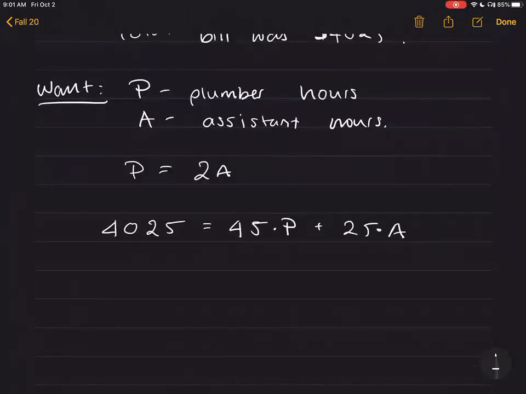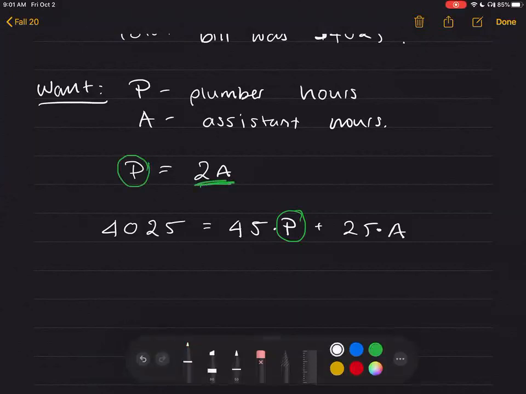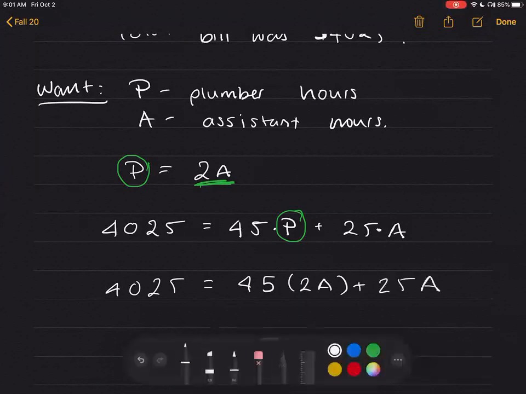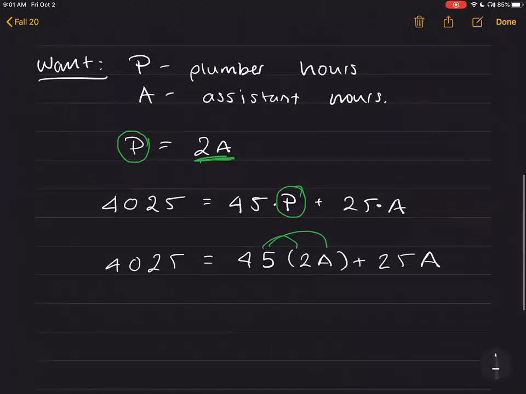Now I'm going to take this P and replace it with 2A, so that I get an equation with only one variable. I have 4025 equals, and 45 times 2 is 90.